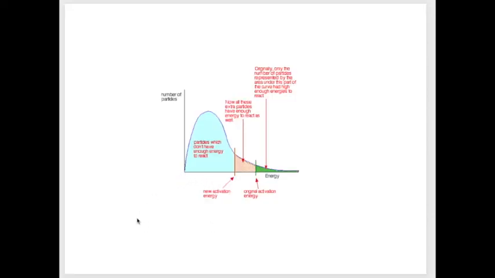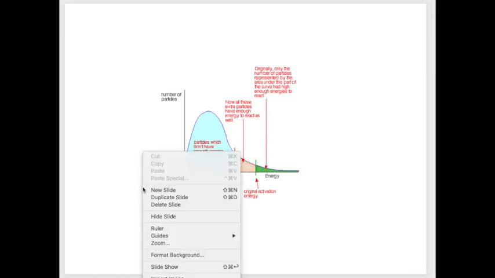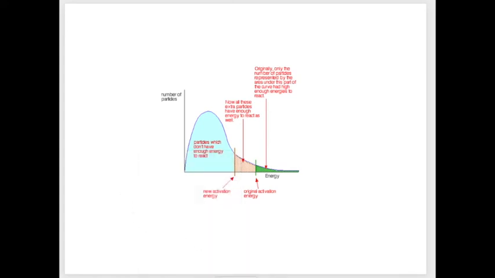Okay? Here's another way of looking at it. This is a Maxwell-Boltzmann distribution curve. The x-axis is kinetic energy. The y-axis is the number of particles having that energy at a certain temperature. So this right here could represent the energy threshold, the activation energy for a reaction. Only these particles have enough energy to overcome that, break their old reactant bonds, and react.